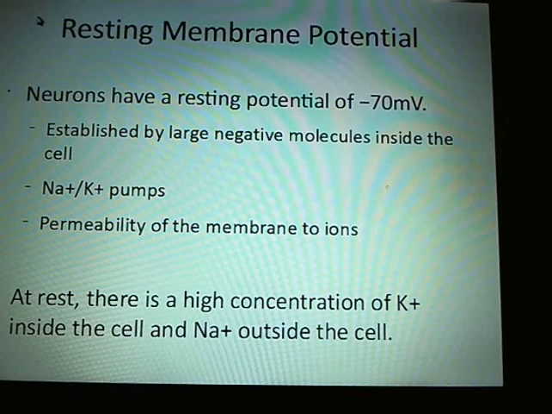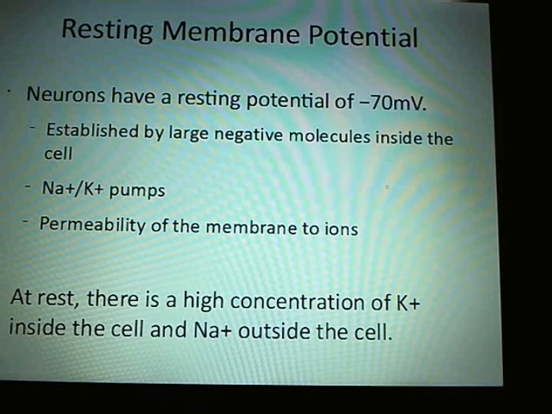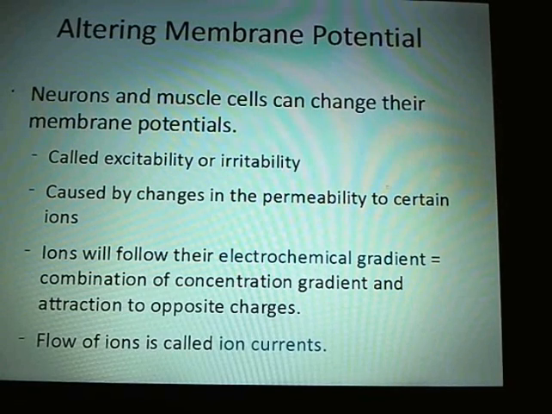Realize that your neurons have a resting membrane potential of about -70 millivolts, established by negative molecules inside the cell and very much from the use of the sodium-potassium pumps. And the membranes are permeable to the ions. The pumps maintain the potential. High concentration of potassium inside the cell, sodium outside of the cell.